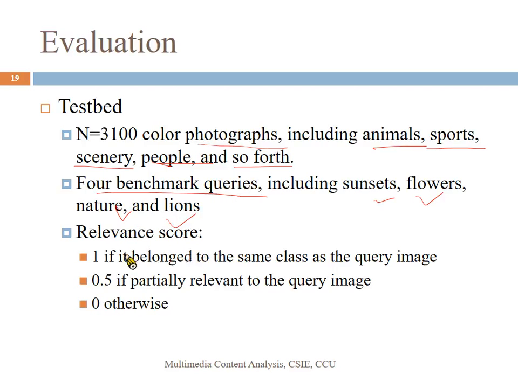The relevance score will be set as 1 if it belongs to the same class as the query image. So we will input a query image, and a few results will be returned. If a specific returned image belongs to the same class as the query image, then it will be given score 1. If it's just partially relevant to the query image, we give it 0.5, and otherwise we give it 0.